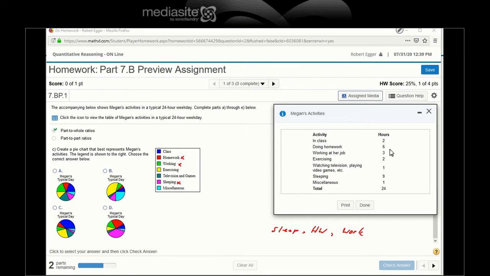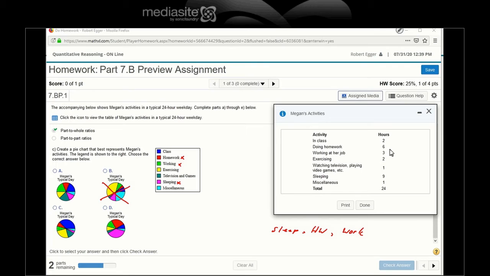So the biggest one should be purple, followed by red, followed by green. Well, let's see. I definitely see in this case here yellow is the largest. Yellow is exercising. Exercise is not very big. Let's knock that out.